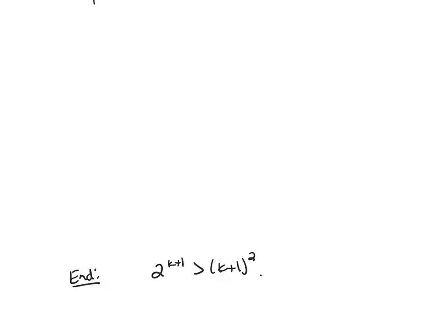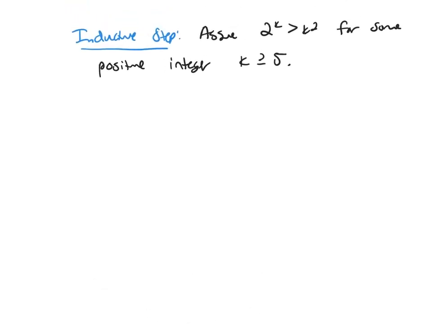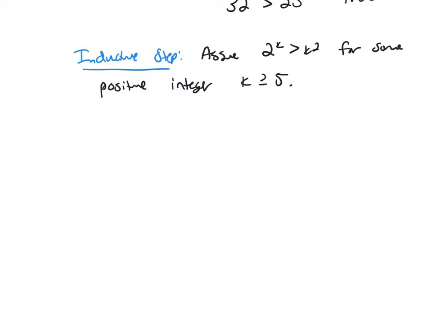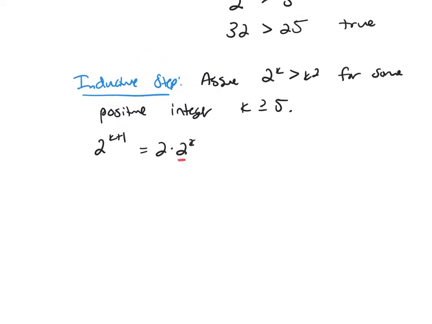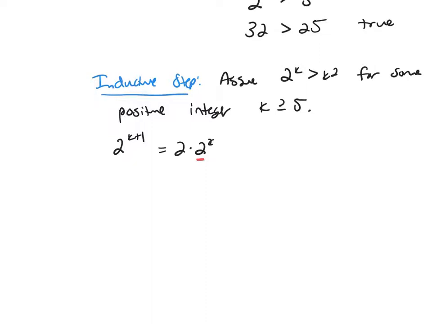I'm going to start with this left-hand side. So we have 2 to the k plus 1. That's 2 times 2 to the k. And so now I have 2 to the k, which I know is greater than k squared.